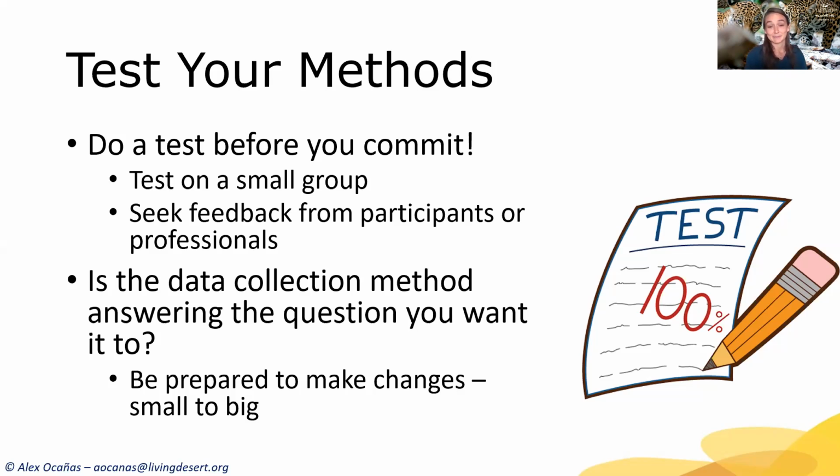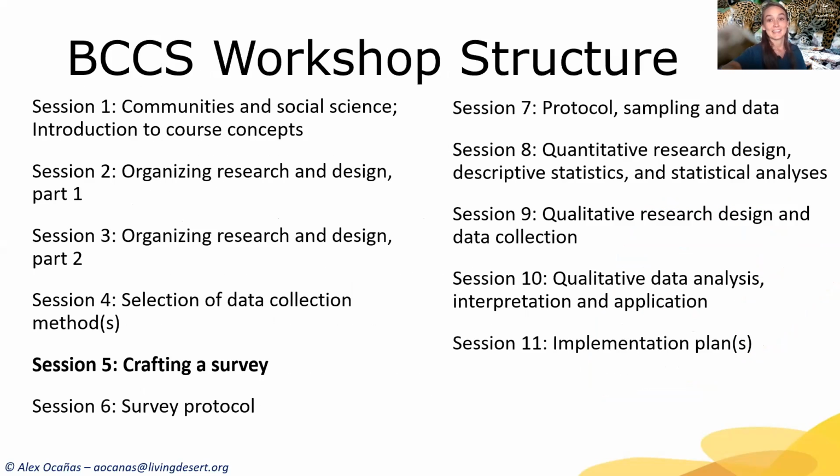And again, last note here is based on that, most of your changes are going to be small, but always be prepared to make some big changes too. It's better to change something and take extra time improving it or editing your method rather than getting through the entire data collection process and realizing that you wish you had done it totally differently and you didn't get what you wanted, right? Okay, so that is all for session 4.